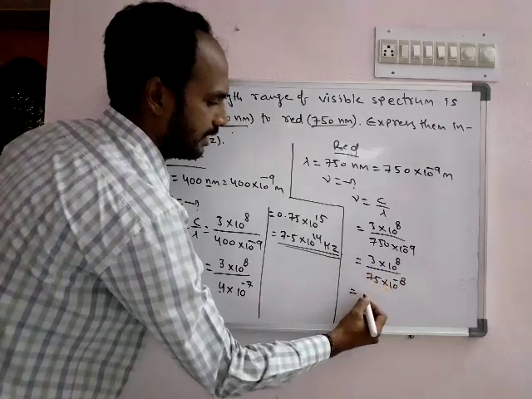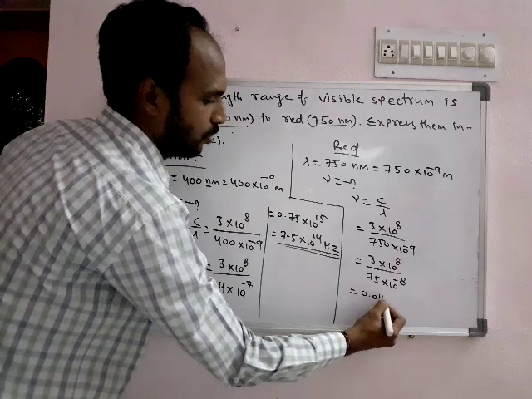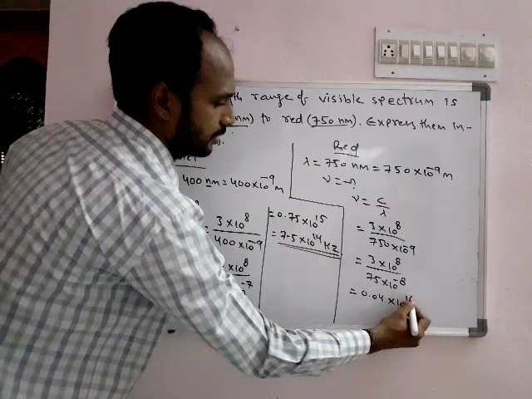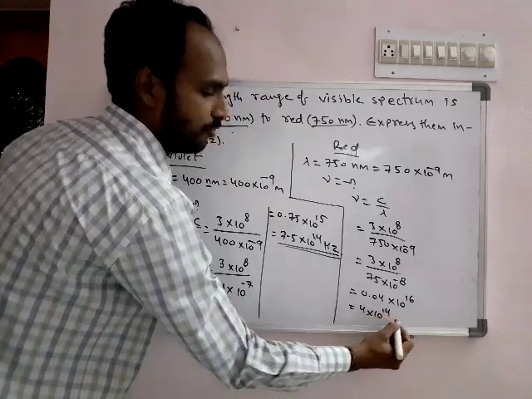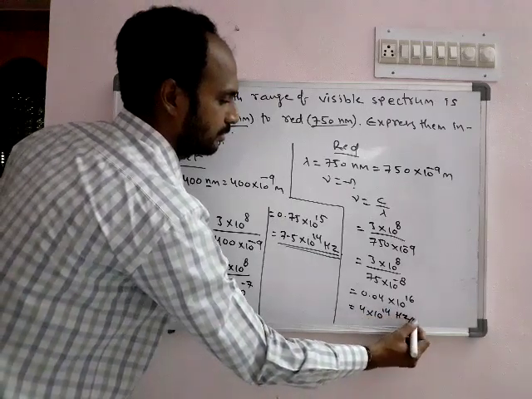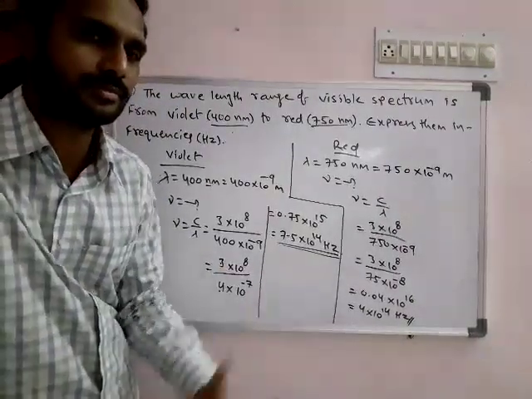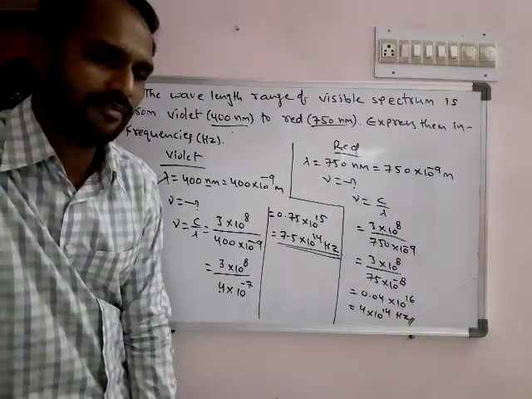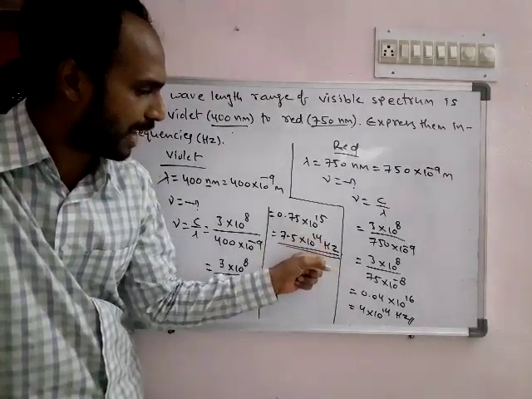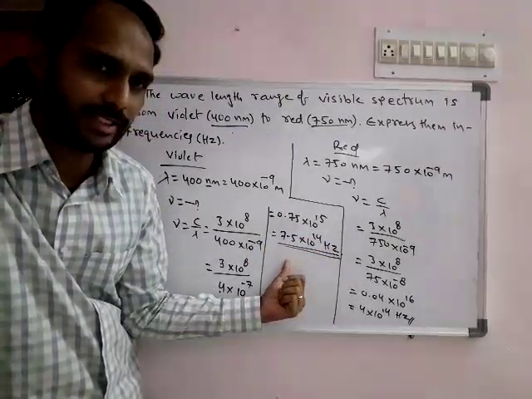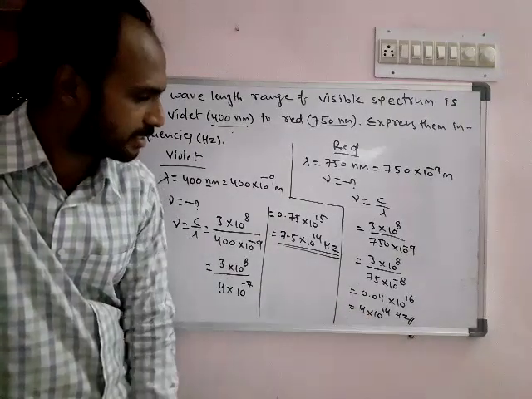So here 3 by 75 means we get approximately 0.4 16, that is 4 into 10 power 14 hertz. Means the range of the visible spectrum is from approximately 7.5 into 10 power 14 hertz, that indicates violet, to 4 into 10 power 14 hertz.